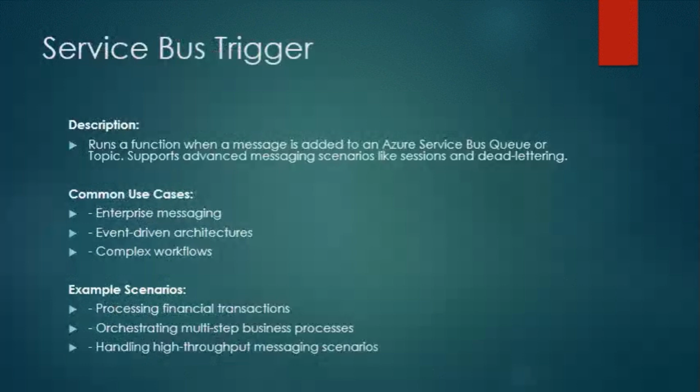Queue trigger. It runs a function when a new message is added to an Azure storage queue. Consider a scenario where you want to perform a certain task or action based on a message inserted in the queue. For example, say you have two databases which you want to synchronize for each insert operation.